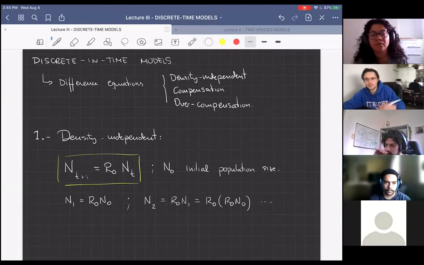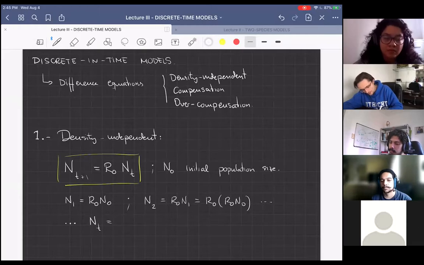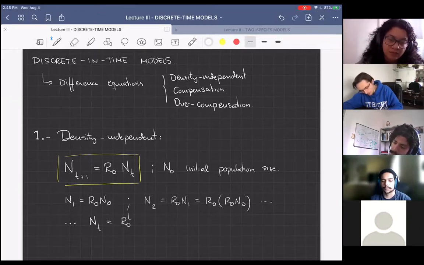And we can iterate this map many times. As you go forward in time, you will get that nt is equal to R0 to the power of t times n0.